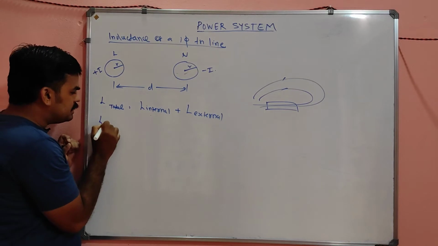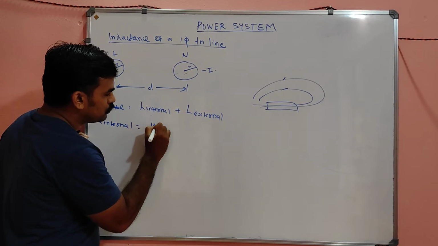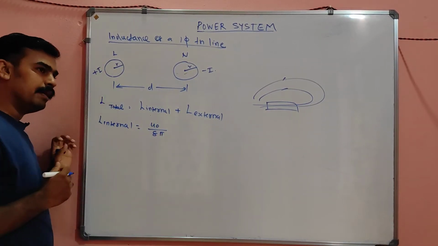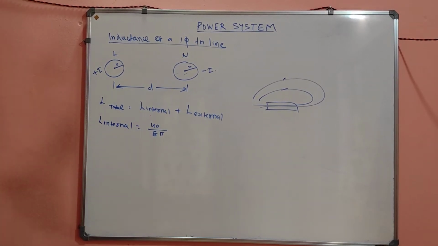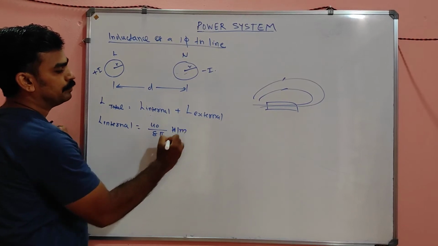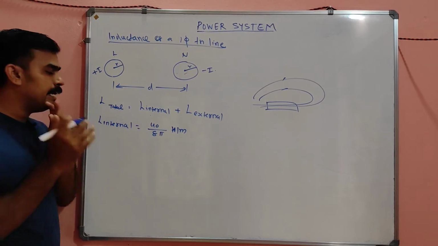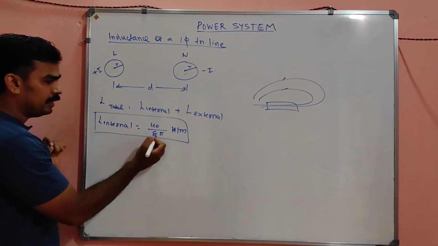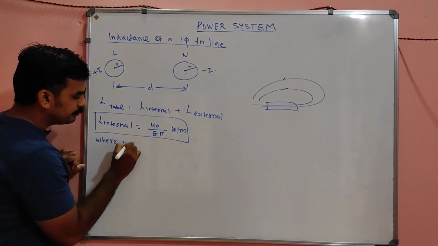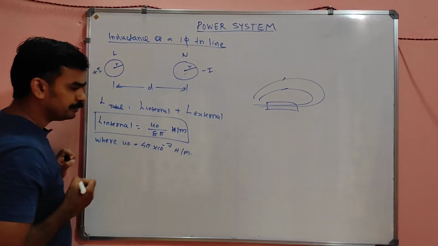The value of L internal is nothing but mu 0 divided by 8 pi Henry per meter. By looking at this expression, the internal inductance depends only on mu 0, where mu 0 is nothing but 4 pi into 10 raised to minus 7 Henry per meter.